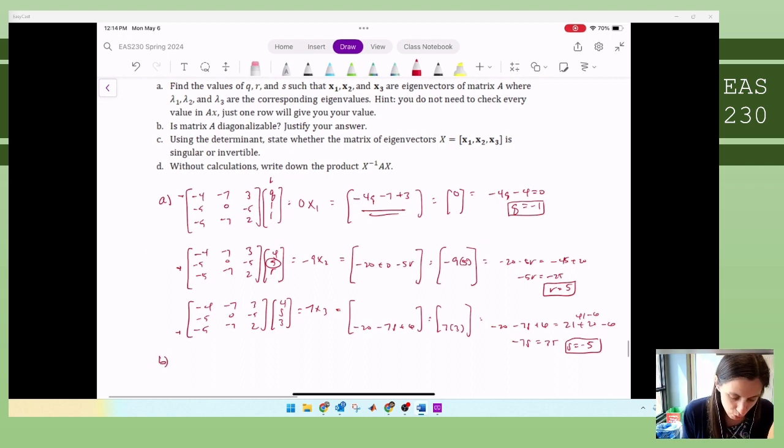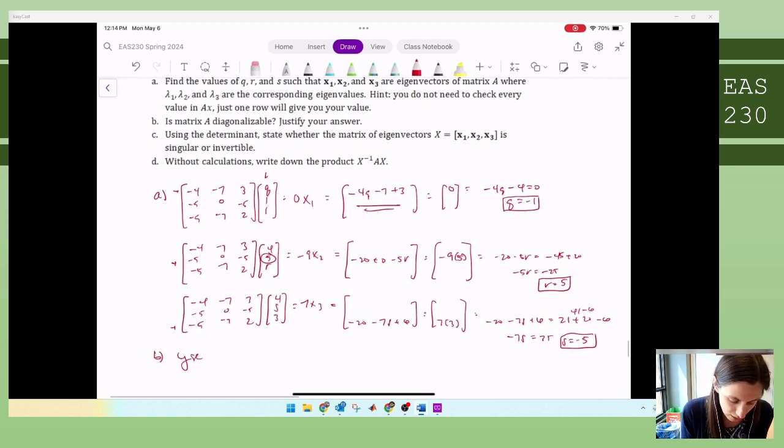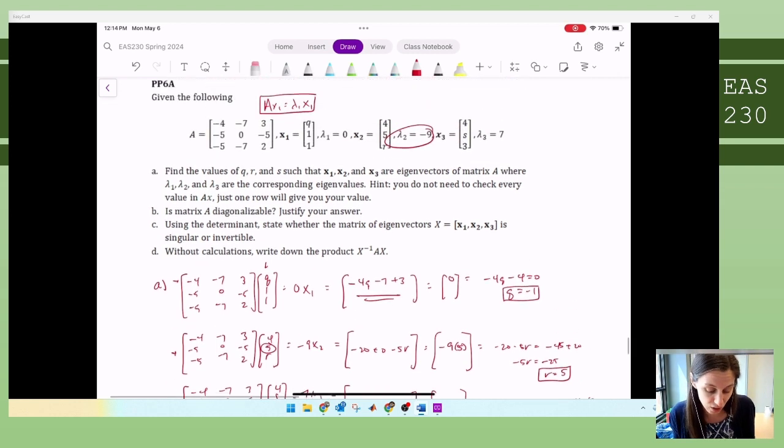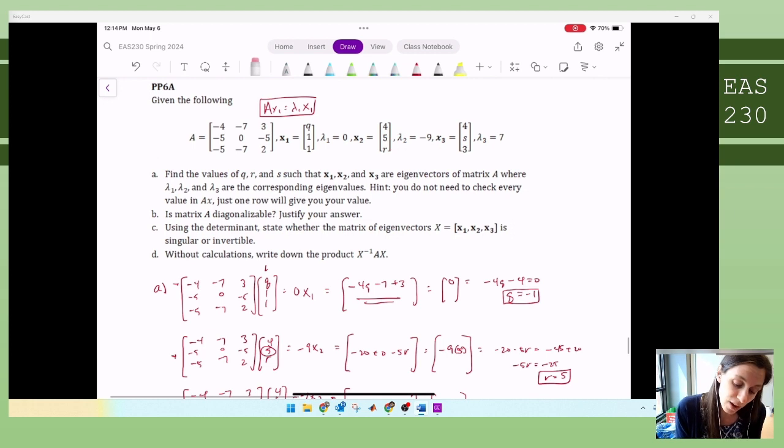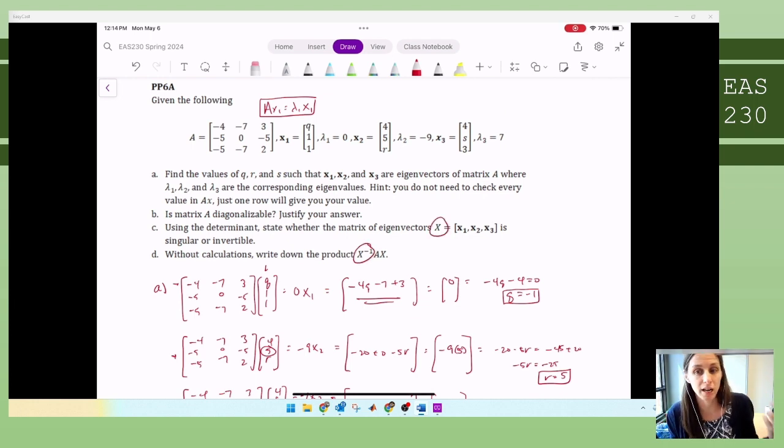B, is the matrix diagonalizable? Yes, it is diagonalizable because lambda 1 is not equal to lambda 2 and is not equal to lambda 3. 3 distinct eigenvalues, which means I have 3 distinct eigenvectors, which means my matrix is diagonalizable because I can write x and I can get an inverse of that x matrix.